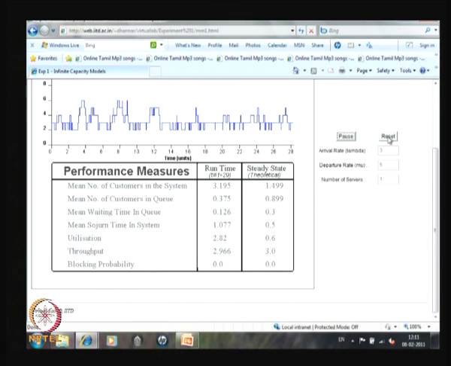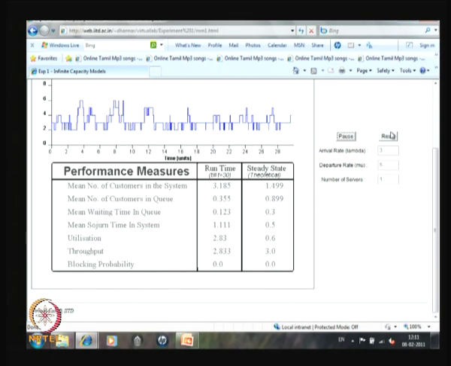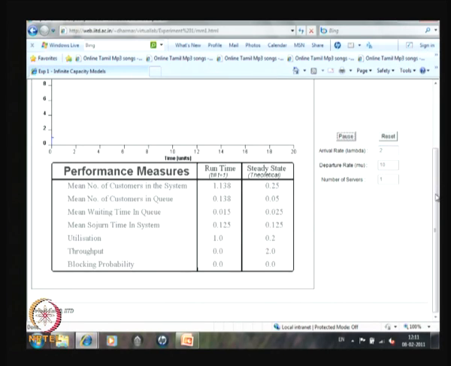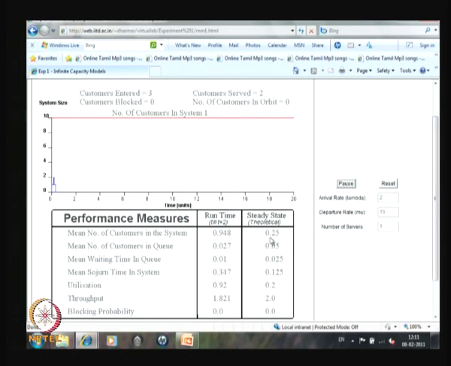This is the way we can reset, give some other values, and start again to get another simulation. Initially it gives the fixed theoretical steady state results, and the runtime shows the result over the time.